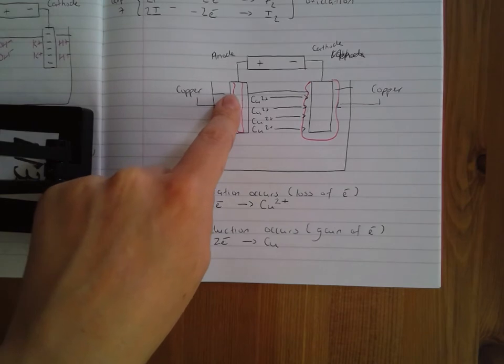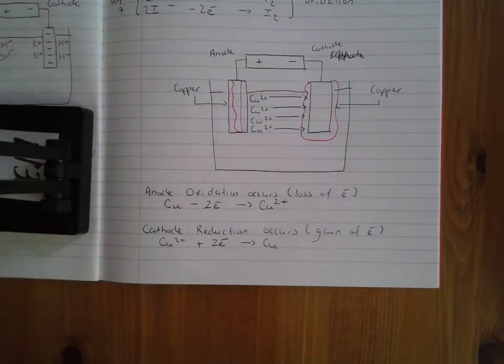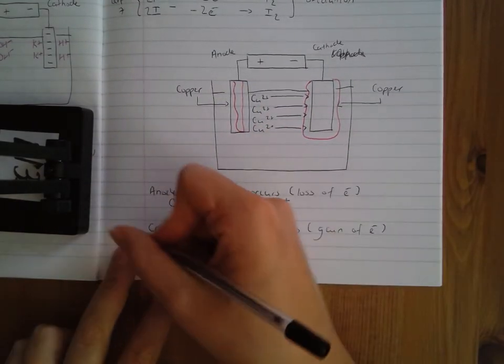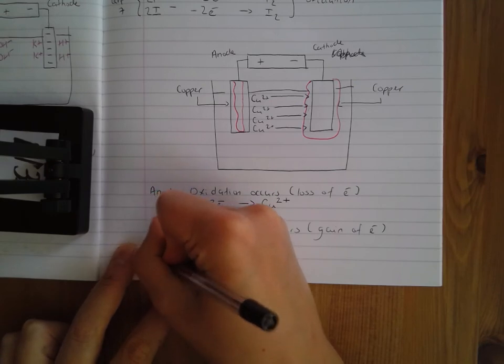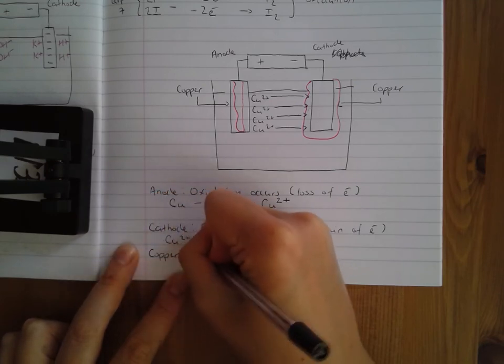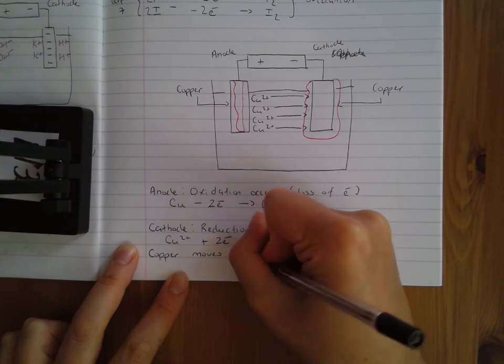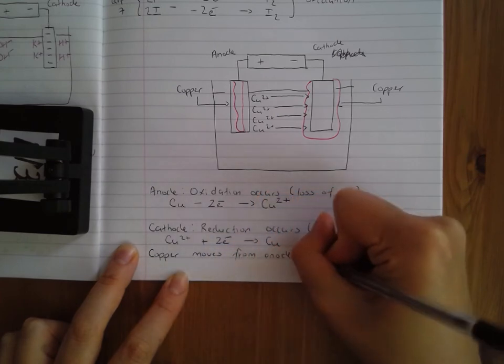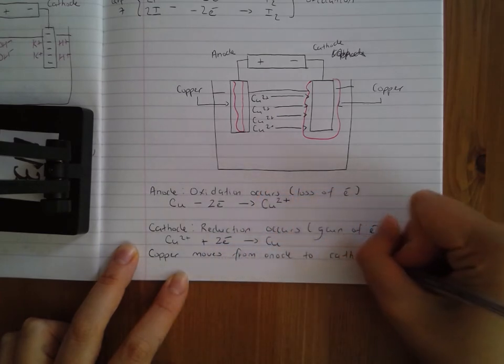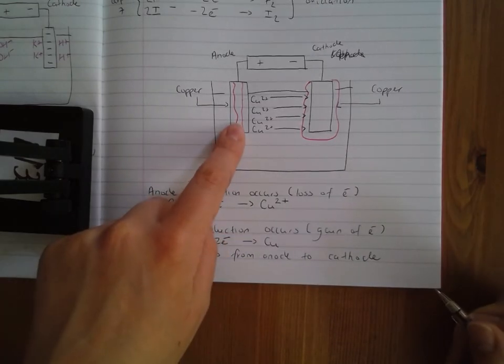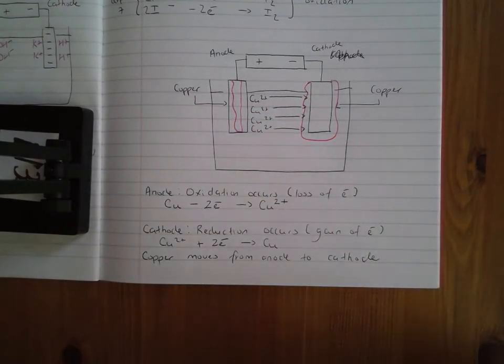So you're going to see the anode get smaller and the cathode get bigger. So I'm going to write underneath, copper is going to move from anode to cathode. Okay, so the anode gets smaller, the cathode gets bigger.